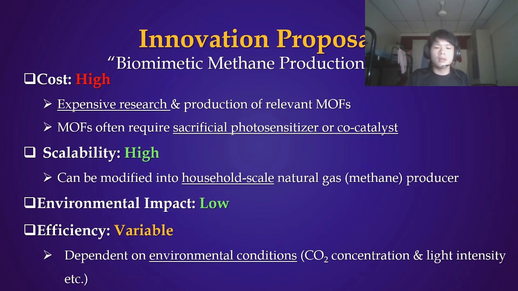And lastly, the efficiency is variable. This is because the efficiency of this device is still dependent on environmental conditions that we cannot control, like carbon dioxide concentration and light intensity. But overall, this product works like an artificial sunflower, I say.